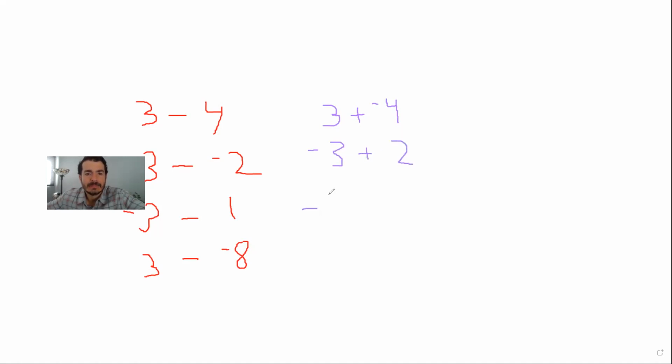I'm adding, what's the opposite of 1? -1. Excuse me, sorry. I'm adding, what's the opposite of -8? +8. And notice when it's a positive number, I don't necessarily write the little positive sign like I do with the negative. We just assume that it's positive if there's nothing else denoting otherwise.